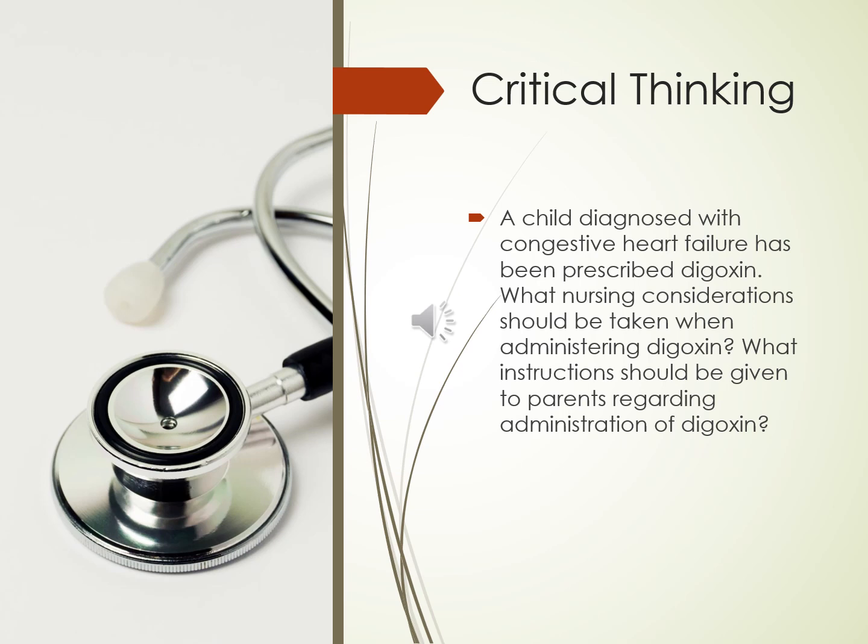And monitoring those potassium levels, because if the potassium's too low, that can cause them to become at a toxic level as far as their digoxin levels. So, teaching them signs and symptoms of digoxin toxicity, how to take that apical pulse, what to do if it is too low, and also when to contact the physician in general.